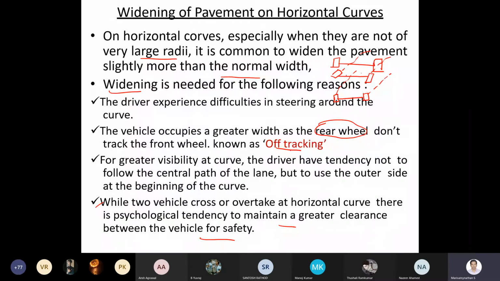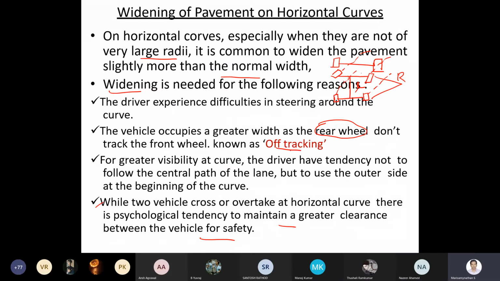With respect to the rigid wheelbase, the front and back wheel distance might be the L distance, with respect to the radius, or how the psychological behavior is affecting. To nullify that psychological effect, the extra widening is provided on that particular road stretch. We are going to study that in a little more elaborate manner.